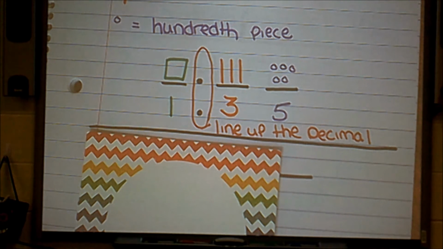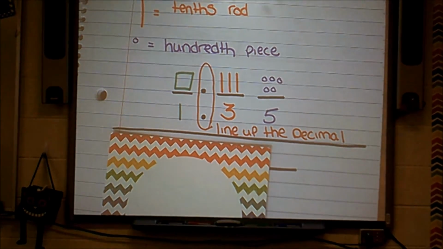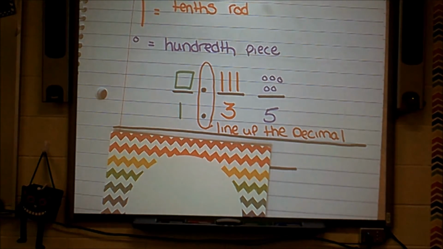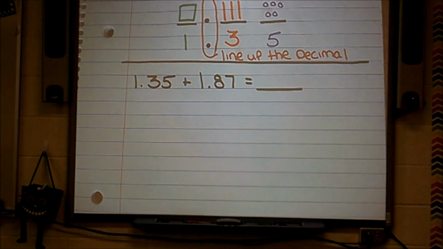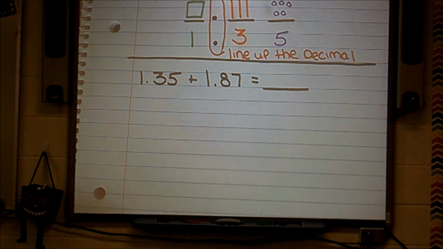So using our picture representation, we're going to solve this problem: 1 35/100 plus 1 87/100. So I'm going to draw my picture to represent that.